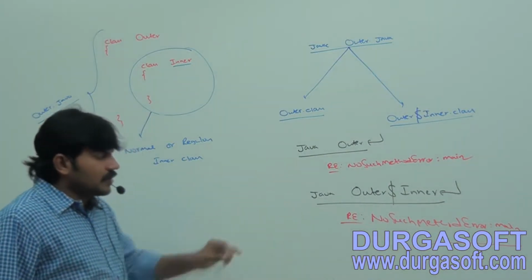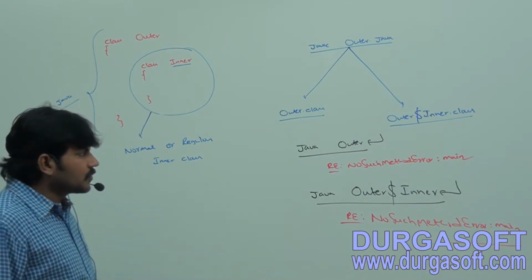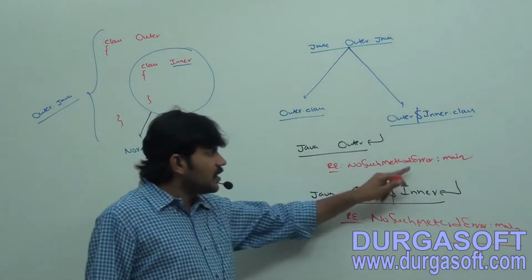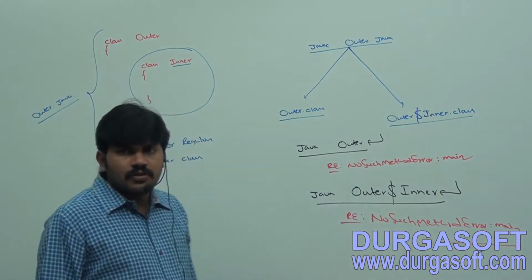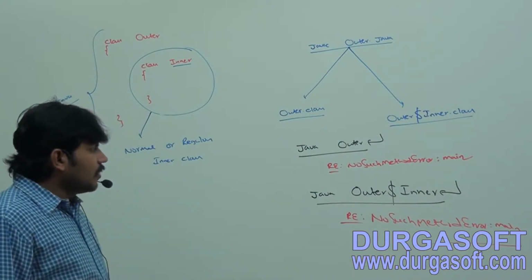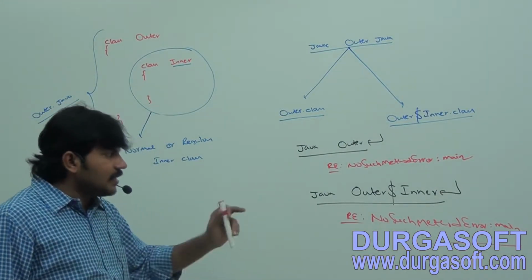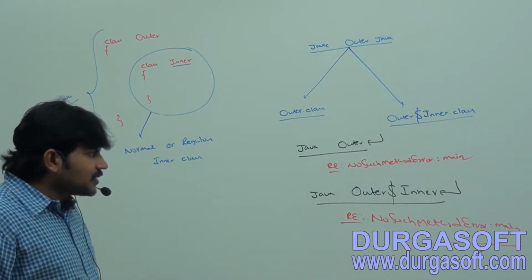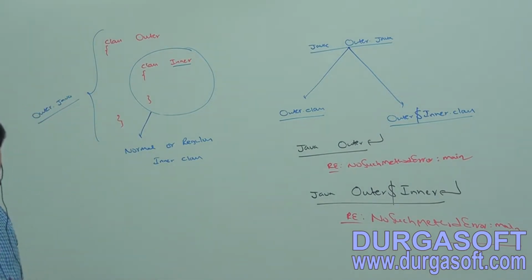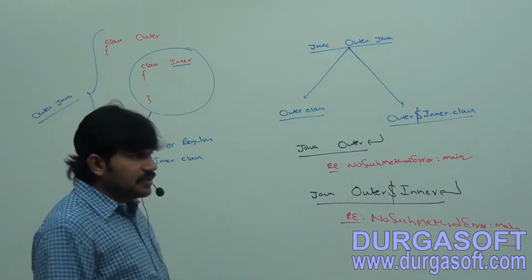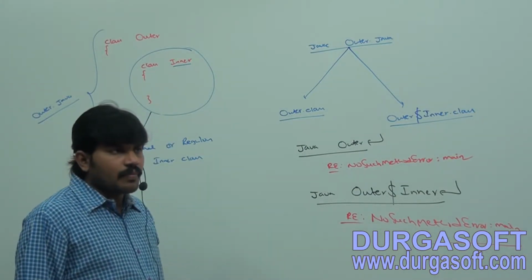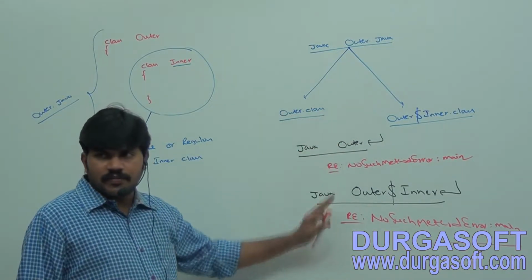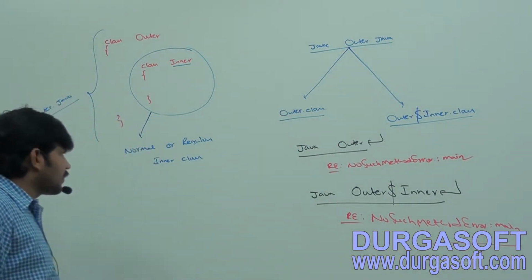Next, java Outer, we will get a runtime exception saying NoSuchMethodError: main. Next, java Outer$Inner, we will get a runtime exception saying NoSuchMethodError: main. Is that clear for all of you, right? Make sure you are aware.